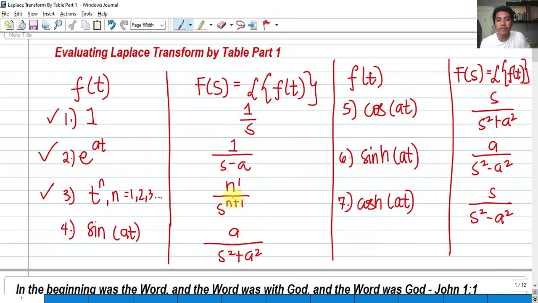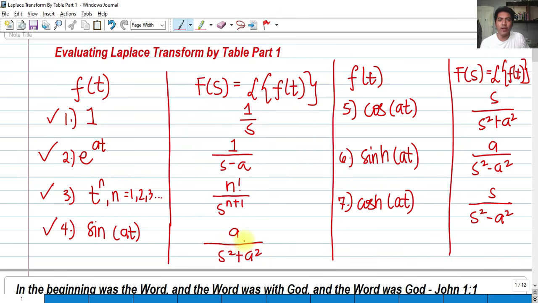We simply divide by s raised to whatever the value of n is, added by 1. For sine at, where a is again any constant, I've also shown that in our previous video, we have a over s squared plus a squared. Whatever the value of a here would be squared in the denominator.